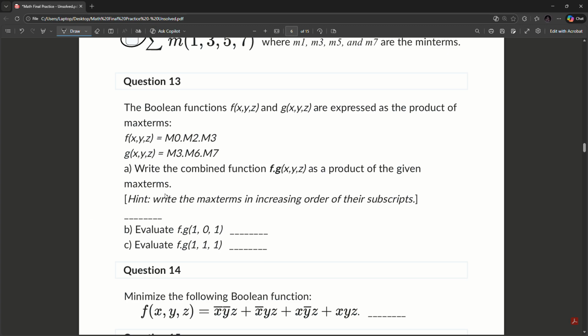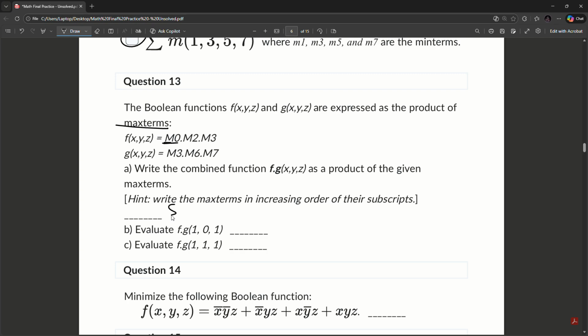Now this one: write a combined function f, g, x, y, z. The simplest way for me to put this into terms you can understand is to put it in a set and remove all of the duplicates. And of course, this is a maxterm, capital M. I made this mistake where I forgot to put the capital.